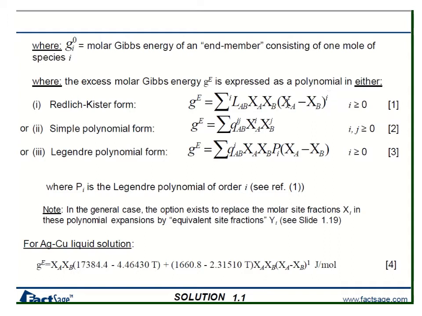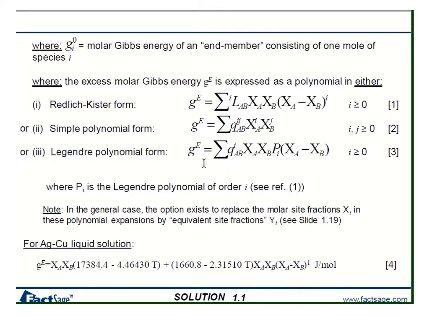When i is 0, this term is 1, and when L_AB equals a constant, this is the same as the regular solution. We can also use the so-called Legendre polynomial function like this.